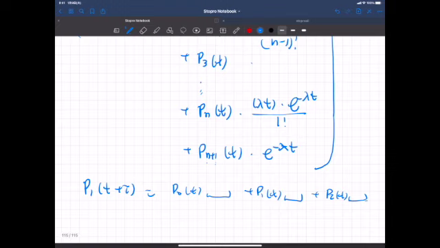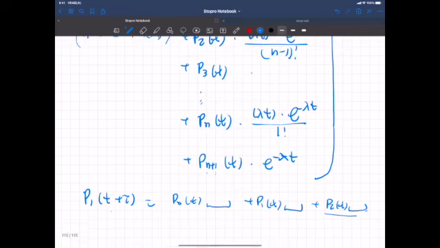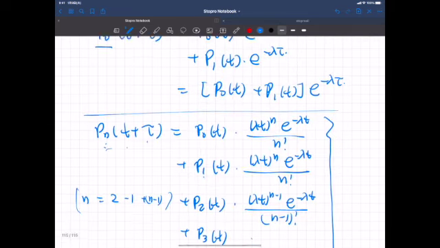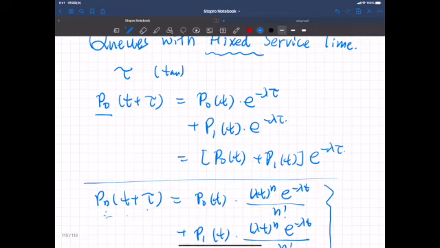And so from this, you can derive an equation for P2 equal to something in terms of P0 and P1. Let's see.